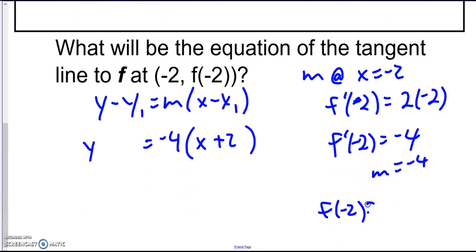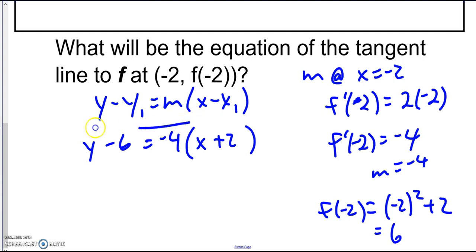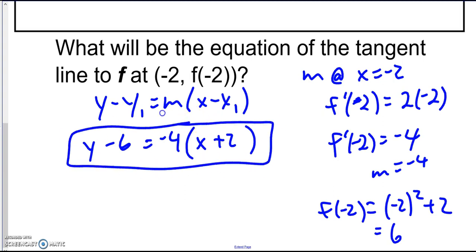So I'd have negative 2 squared plus 2 times negative 2, that'd be 4 minus 4... so that'd be 4 plus 2, which is going to give me 6. And then I can substitute that in. Now it doesn't say if we have to put it in y equals mx plus b form, so we can just simply leave it in point-slope form. That is the equation of the tangent line when x is negative 2, or specifically at the ordered pair negative 2, 6.